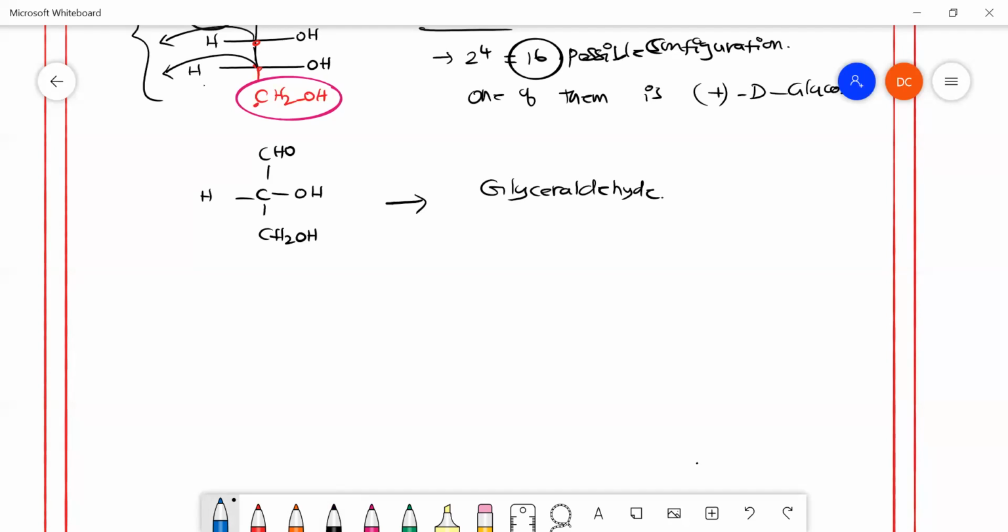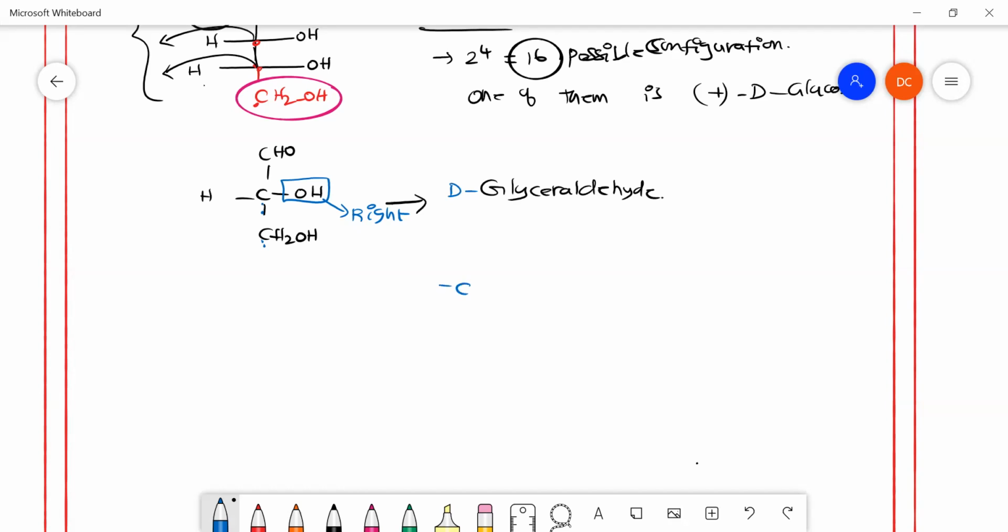Glyceraldehyde: how will you identify whether it is D-glyceraldehyde or L-glyceraldehyde? Position of the OH group. From the bottom carbon to the second carbon, if the OH group is on the right side, it comes under the category of D. This is D-glyceraldehyde.